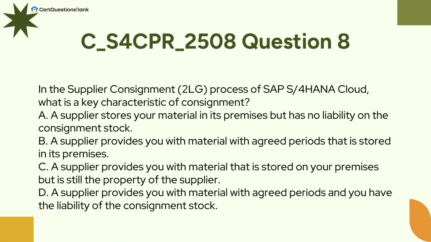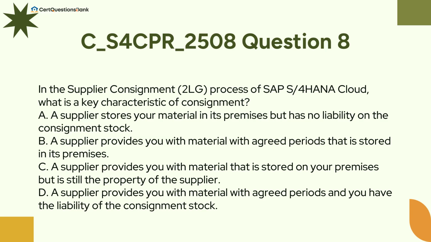In the supplier consignment, 2LG, process of SAP S/4HANA Cloud, what is a key characteristic of consignment? A. A supplier stores your material in its premises but has no liability on the consignment stock.